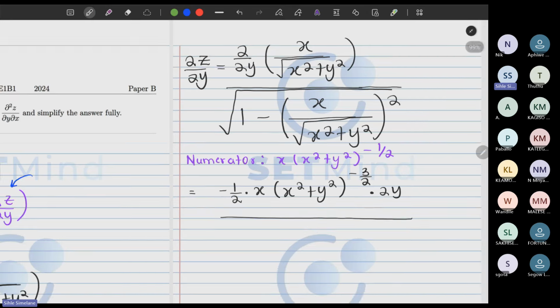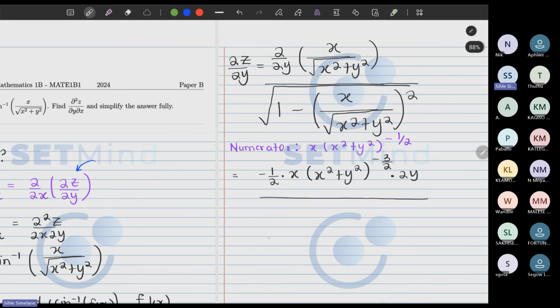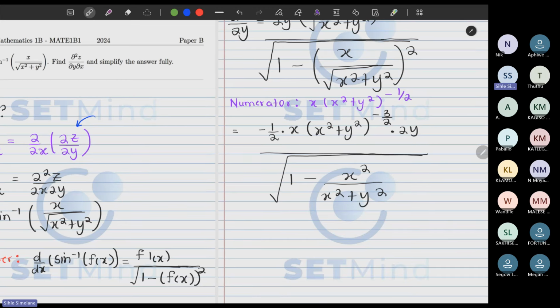Divided by, let's go to our denominator, square root of. On our denominator, you should see that the square will actually cancel, such that we'll end up having 1 minus x squared divided by x squared plus y squared. So this will simplify to be a bit simpler. So let's look at the numerator.